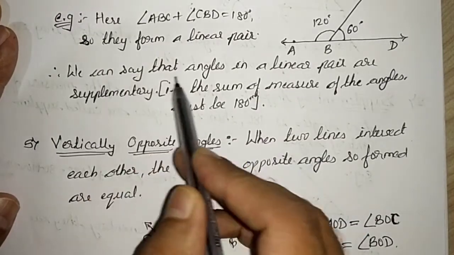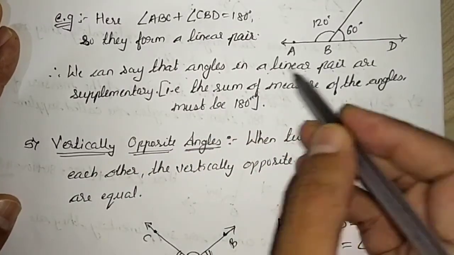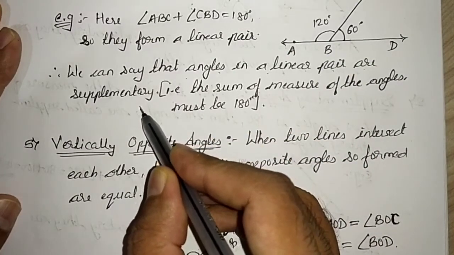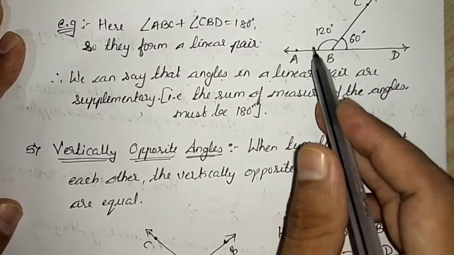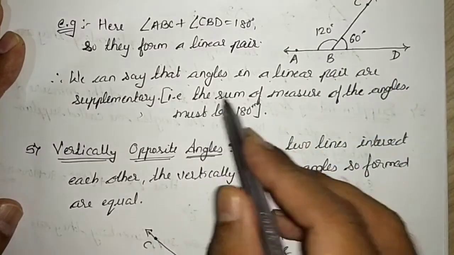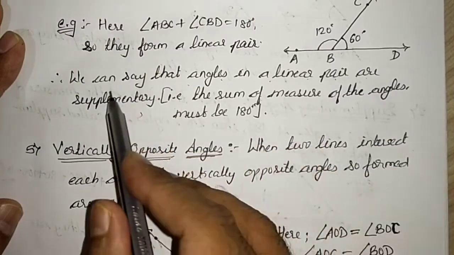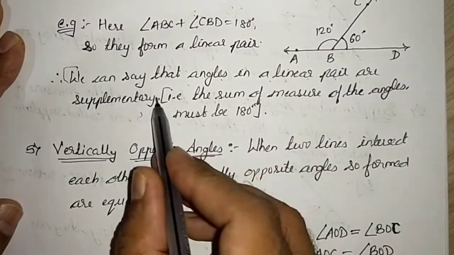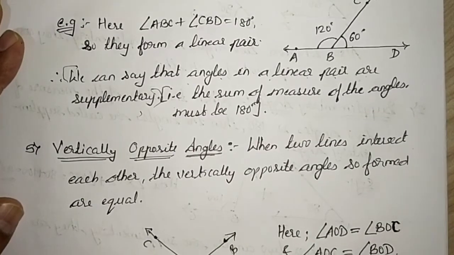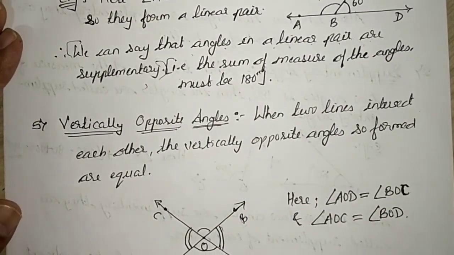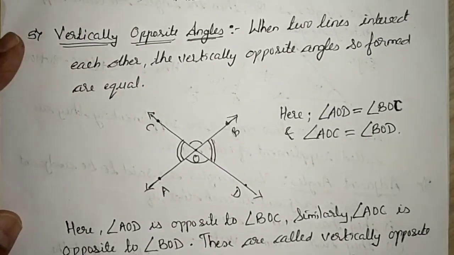So we can say that angles in a linear pair are supplementary. Why? Supplementary means 180, and angles in a linear pair form 180 degrees, so the sum of the measures of the angles must be 180 degrees. It is very important, as it may be asked in fill in the blanks. Please go through this video lecture properly.